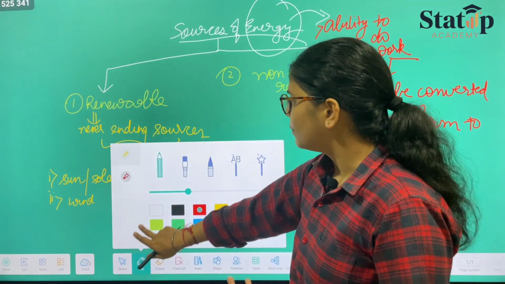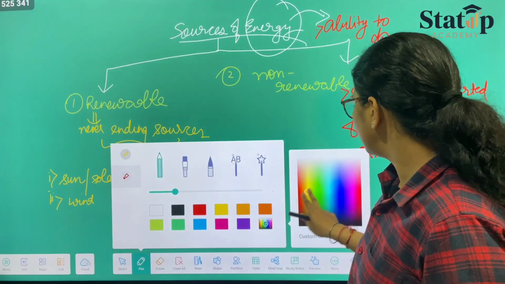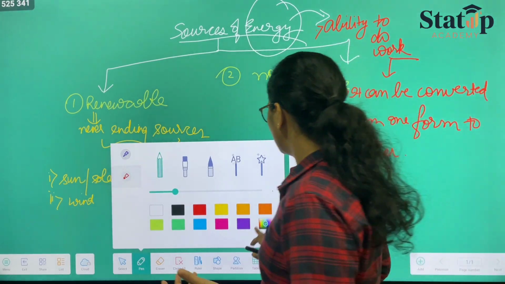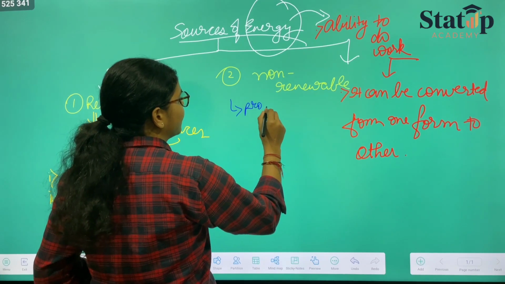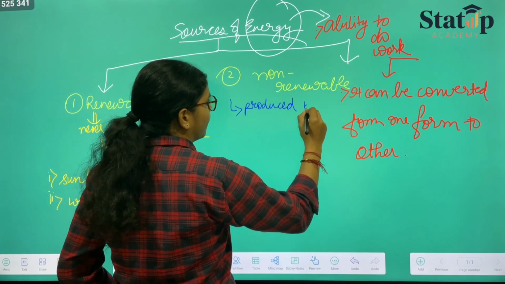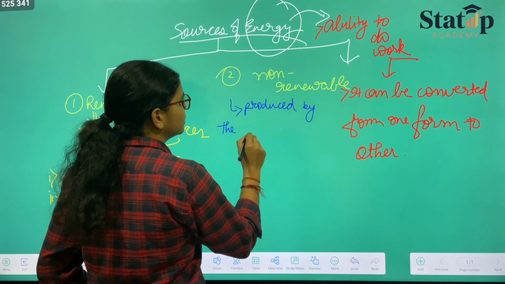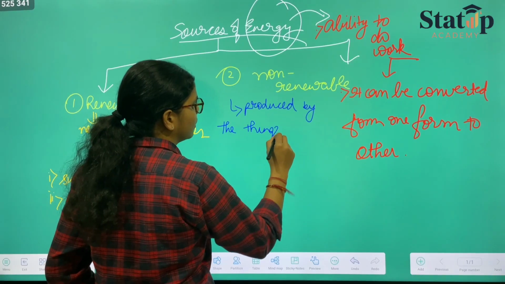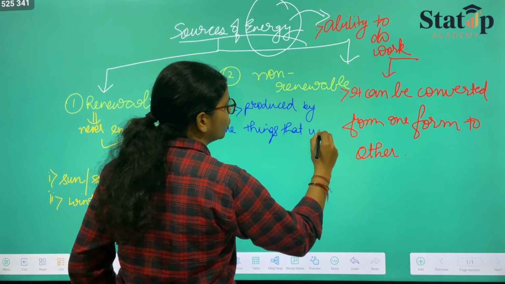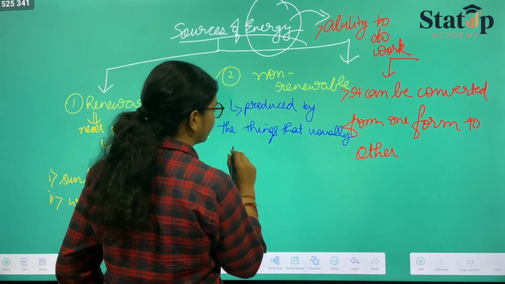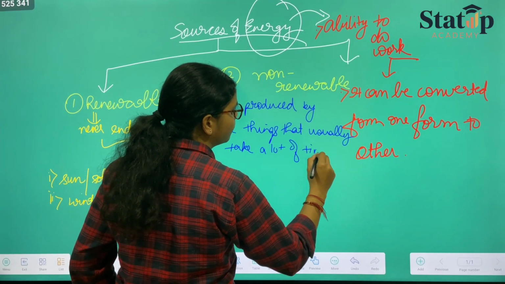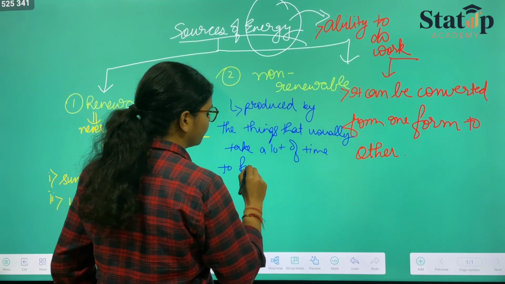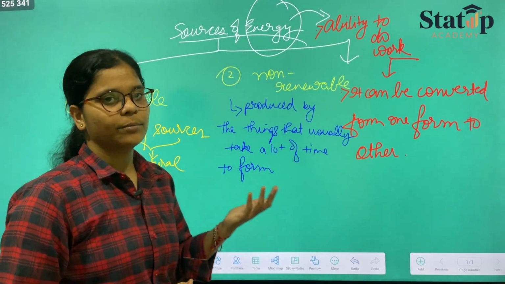And when we talk about non-renewable sources of energy, these types of energies are produced by things that usually take a lot of time to form, and then they can be used.